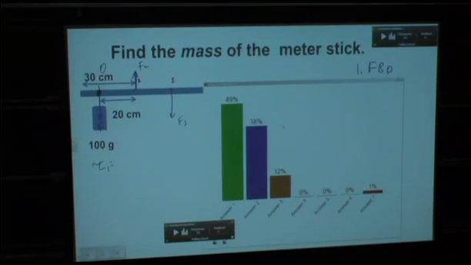The torque due to the first force equals what? Zero, because this line of action passes through the axis. There is no distance, no lever arm. So 0 times force is still 0.